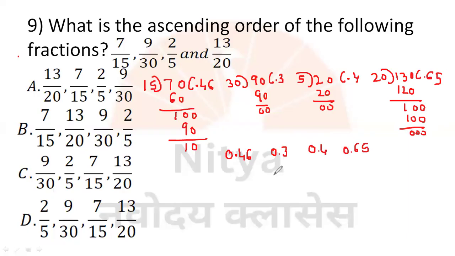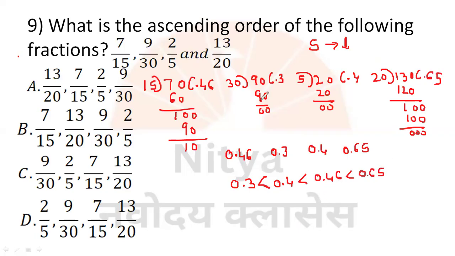We have to arrange these numbers in an ascending order. Ascending order means you have to arrange these numbers from smallest to largest. Okay, here which is the smallest? So that is 0.3. First comes 0.3. Okay, ascending order: 0.3 and 0.4, after that 0.46, and the largest 0.65.